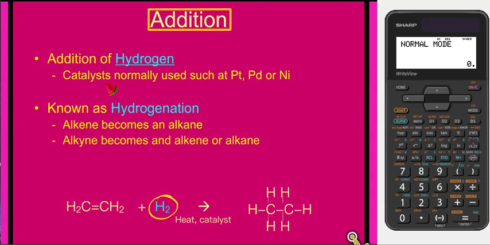Okay, it needs a catalyst, normally platinum, palladium or nickel. You see, it needs a catalyst, this one. All right, now they say it's known as hydrogenation. So we're breaking the double or the triple bonds. All right, so what will happen?